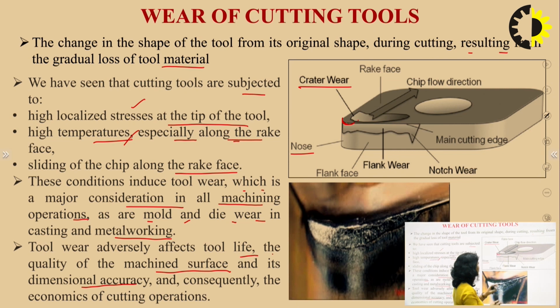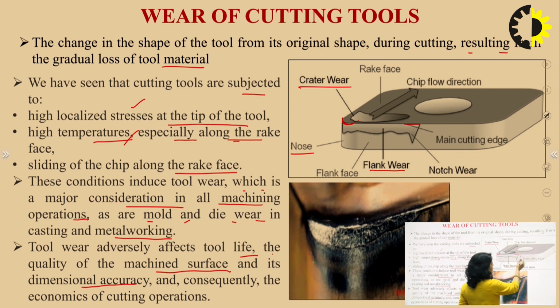Along the flank surface the flank wear will take place. This is the second type of wear. The first one is the crater wear, along the rake surface of the tool, and the second one is the flank wear, which takes place along the flank surface of the tool. Here we can see this is basically the main cutting edge. We have seen the side cutting edge and end cutting edge, so this is the main cutting edge.